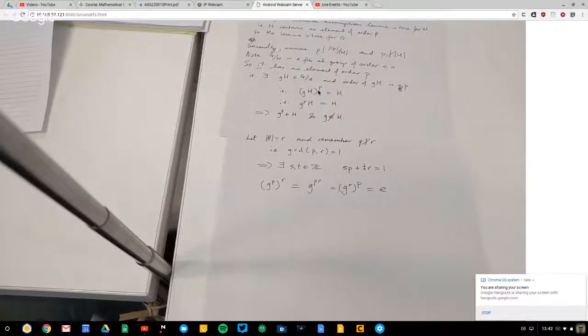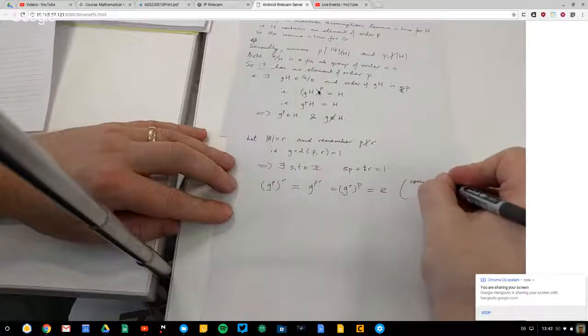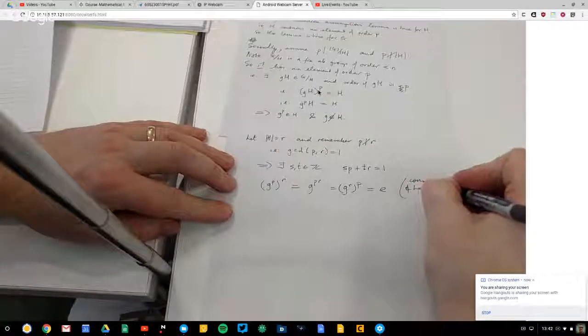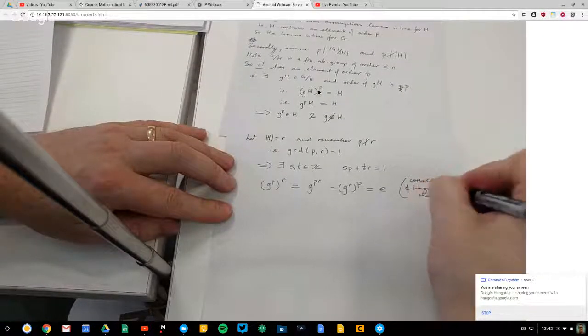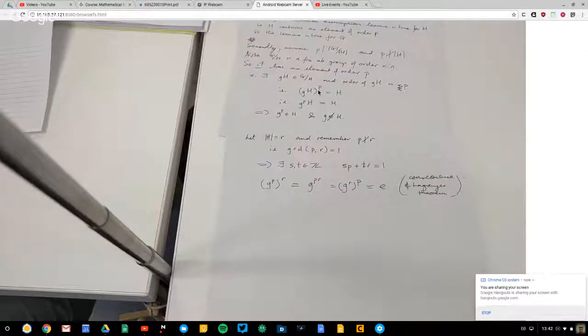So this is a consequence. If it's an n-sided polygon, take any of the rotations, do it n times, it has to be the identity. That's an example of that.